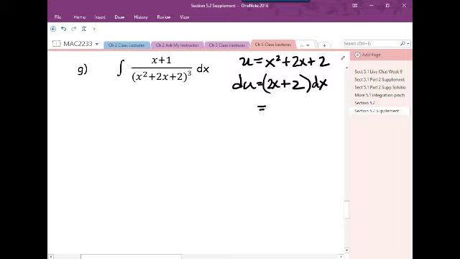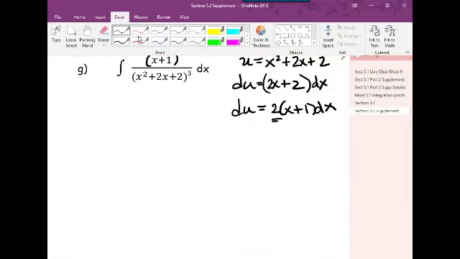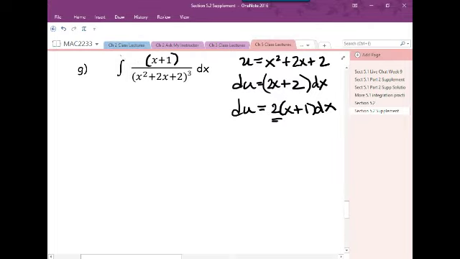Because in fact, if you factor out the 2 here, 2 times x plus 1 dx, you can see that the x plus 1 dx that we're looking for is in the problem. We just have an extra 2. Remember that we can bring constants in and out of integrals. So I'm going to put a constant multiple, a factor of 2, in front of the x plus 1.